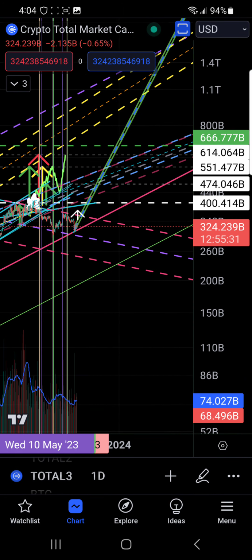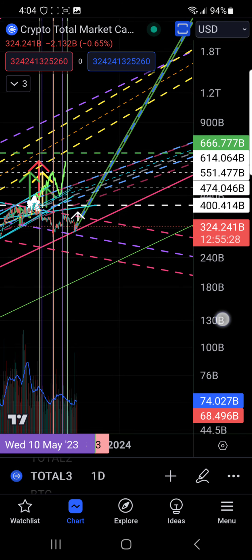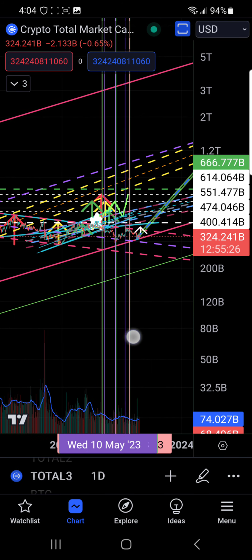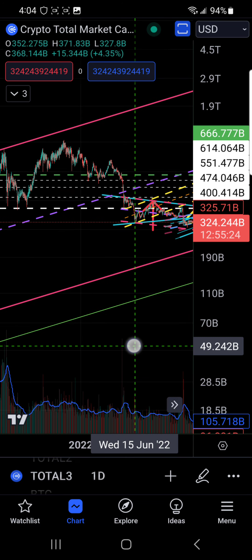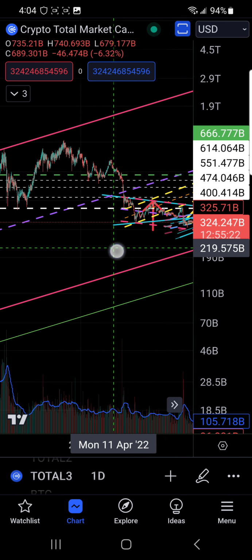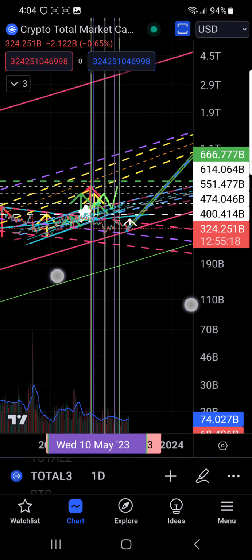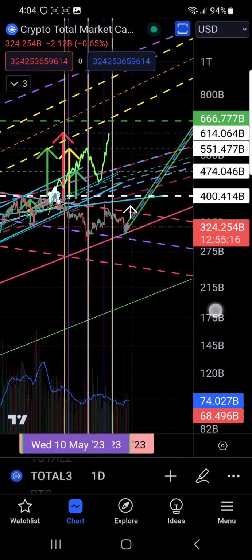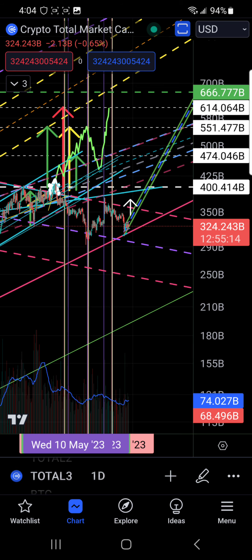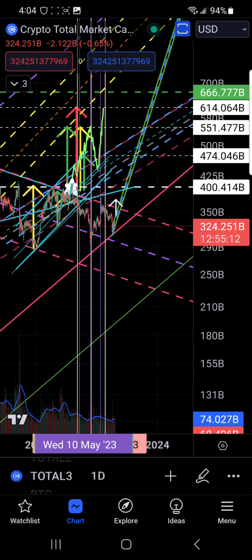This green line should, and I'll get into another video how this red parallel channel here, these lines are in the wrong spot. Yeah, they're not drawn correctly.